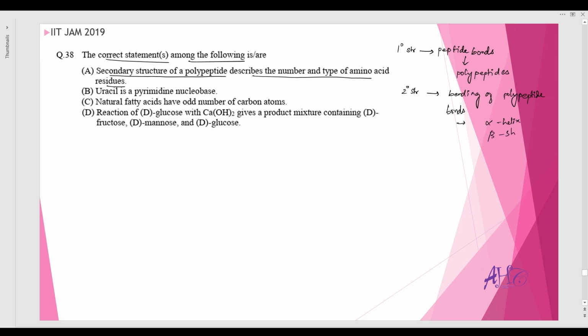These kinds of structures will form. This is going to be your secondary structure. So here, the secondary structure of polypeptide does not describe the number of types of amino acid residues. The number of types of amino acids can be described only in your primary structure.